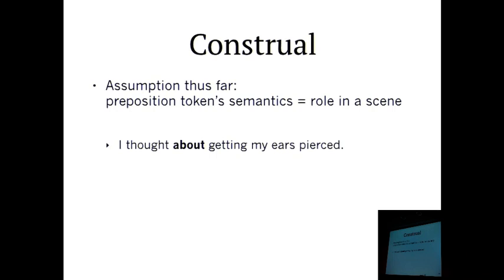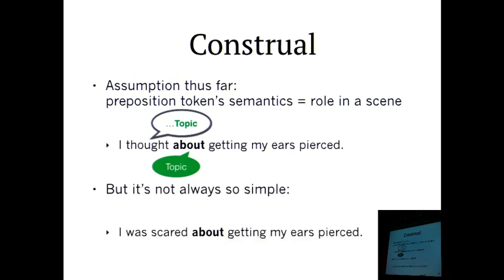So I thought about getting my ears pierced. We can say that thought is a verb that is a cognitive verb, so it has a thinker, and it has the thing you're thinking about, which we would call the topic, and about conveniently is available to mark topics. So this is one of the main functions of about in English, to mark topics. Great, but it's not always so simple.